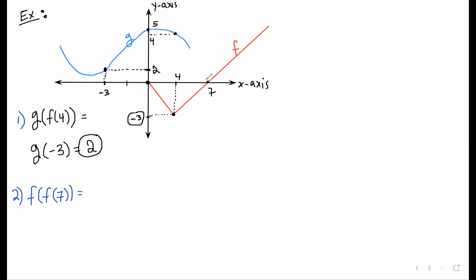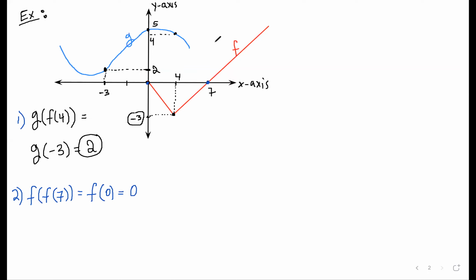You go to the 7, and you find the y value for the f function. The y value for the f function is 0. At 7 here, it shows 0. So this means f of 0. Then you go again to the f function and find the value at 0. At 0 here, the y value is 0 again. So the answer is 0.